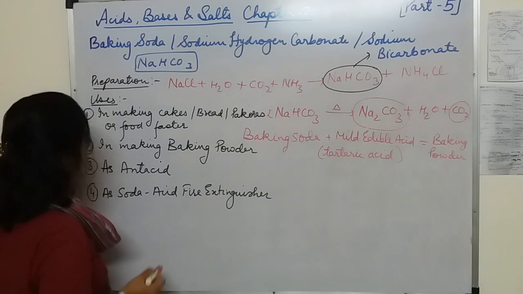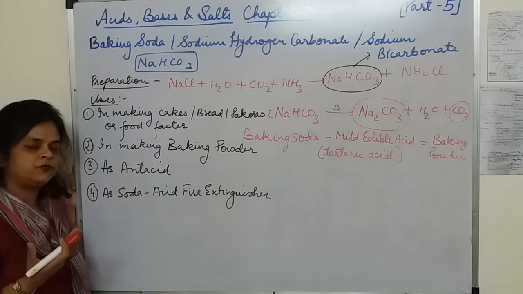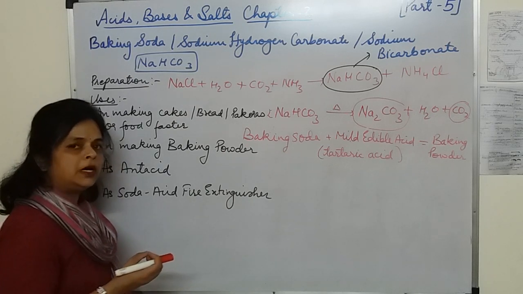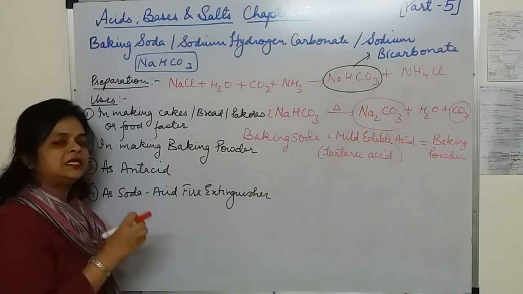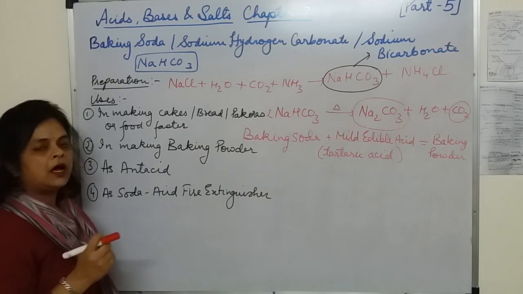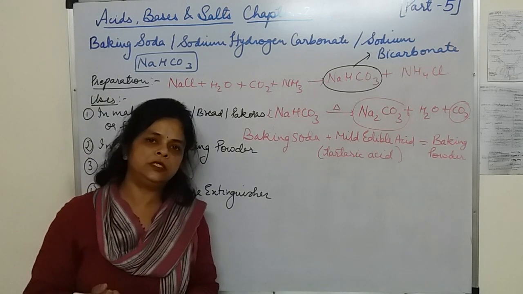Okay, so baking powder is baking soda plus mild edible acid. Third use is antacid. What are antacids? Students, we all know that the walls of the stomach secrete an acid called hydrochloric acid. And you all know the purpose of hydrochloric acid.